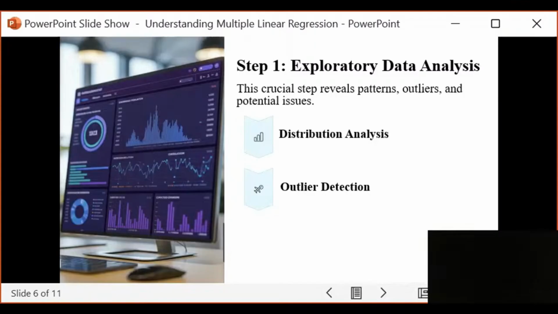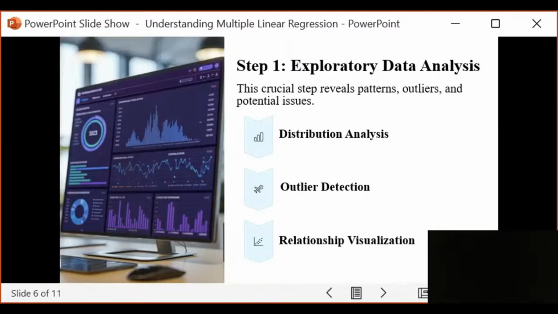The third is the relationship visualization. This is where we start exploring how our predictors relate to each other and to the outcome variable.